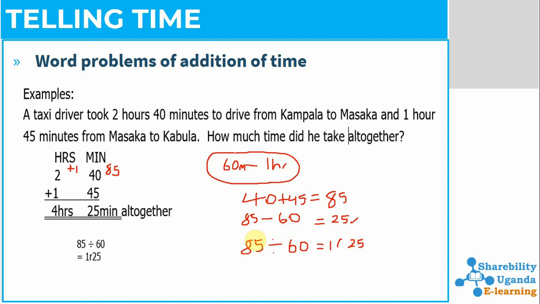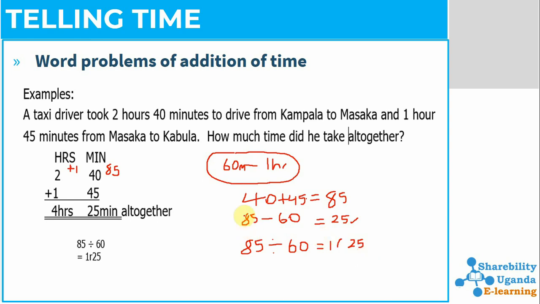So when you divide 85 by 60, they take 1, with the remainder 25. The remainder is going to be our minutes, which is the 25, and the 1 is going to be our hours, which is the one that we added here. So you can use this method to simplify it further, or to make it easy for you.